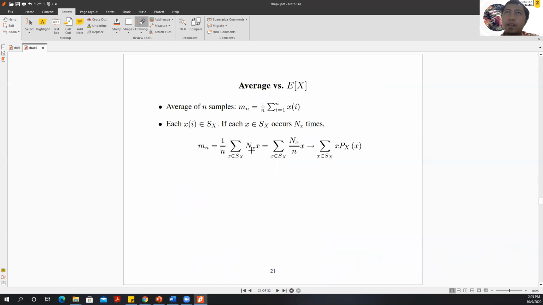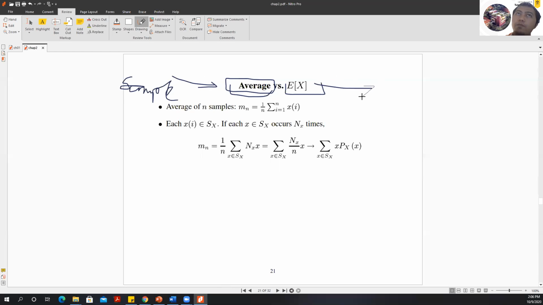Okay, that's all for the expected value. Then, average versus expected value: what are the differences and what is the meaning? The average comes from a sample. The expected value comes from the population.